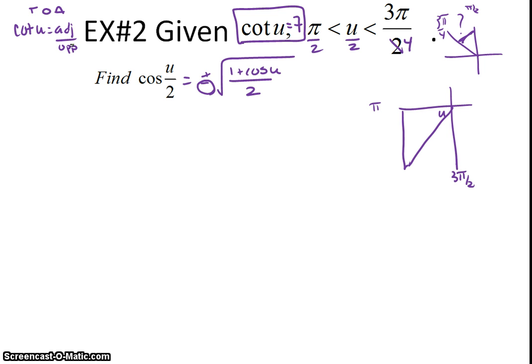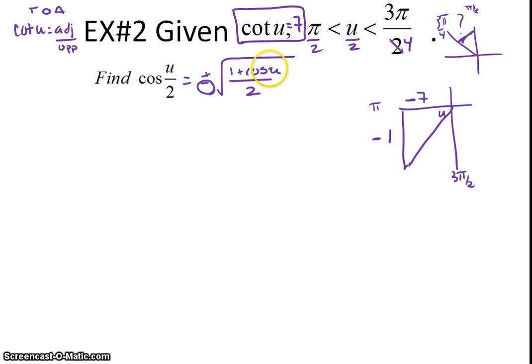So cotangent is 7, or 7 over 1, so it's adjacent over opposite. And since we're in quadrant 3, we went left 7 and down 1, and the ratio of -7 over -1 is still a positive 7. So we're okay.